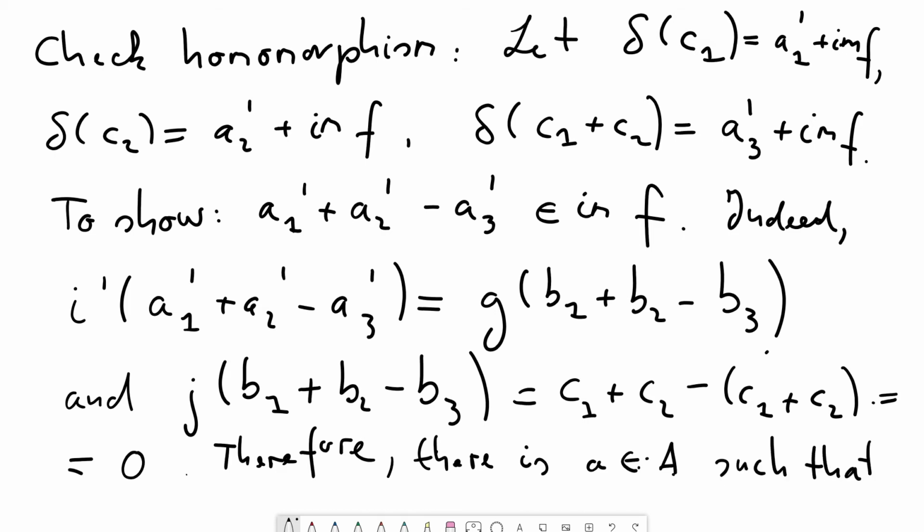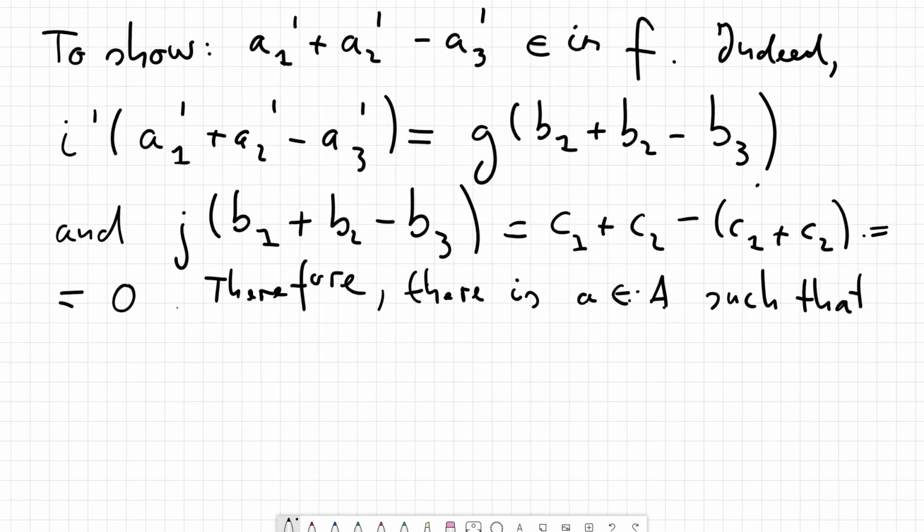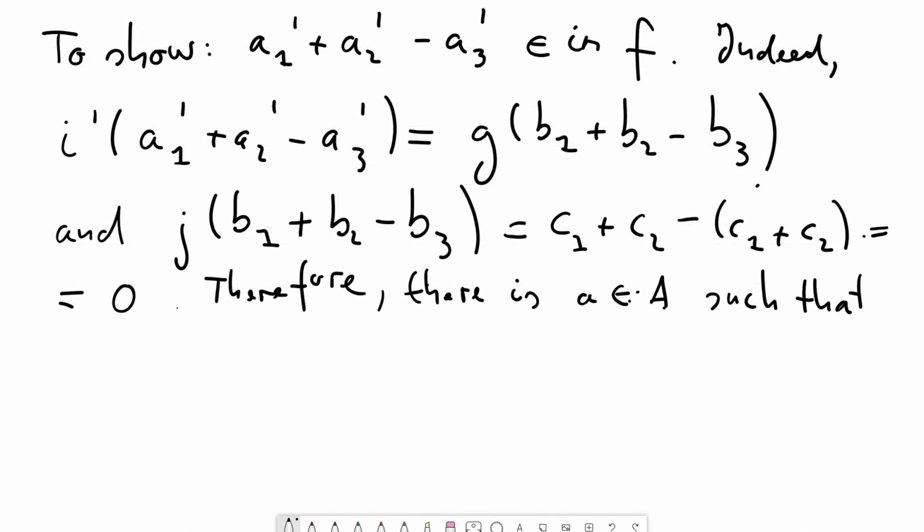So such that I of A equals B1 plus B2 minus B3.